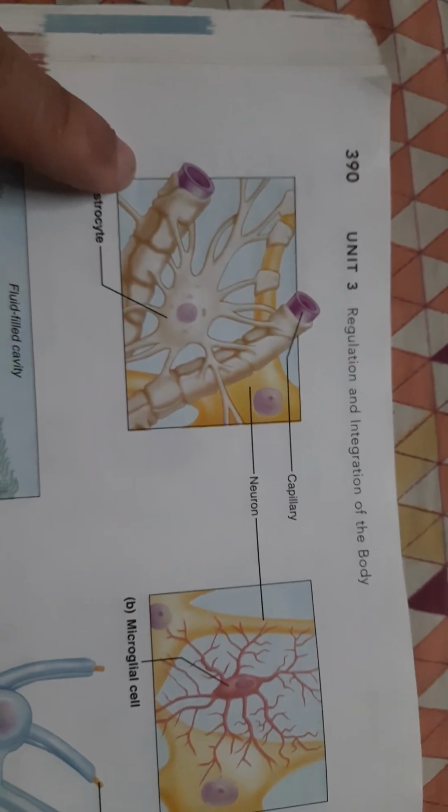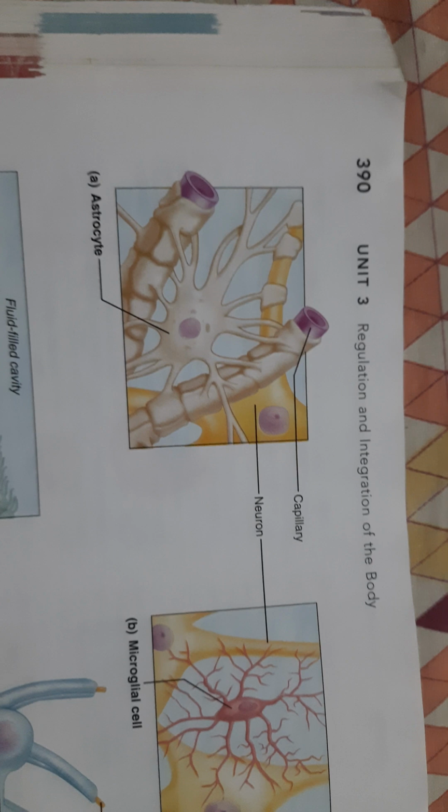Now, what are the functions of these astrocytes? They connect the neurons with the blood vessels, so they help in the exchange of materials between the neurons and the blood vessels.